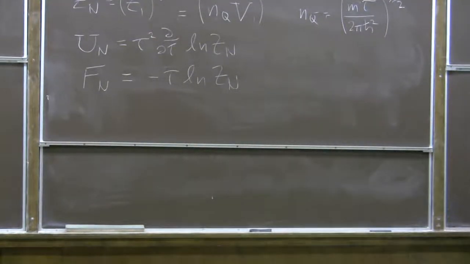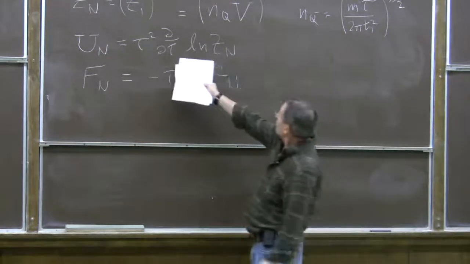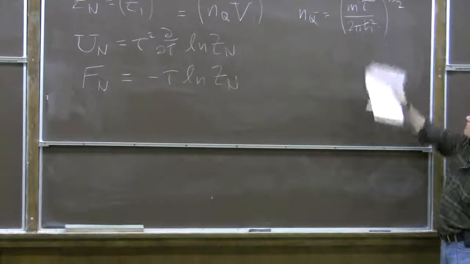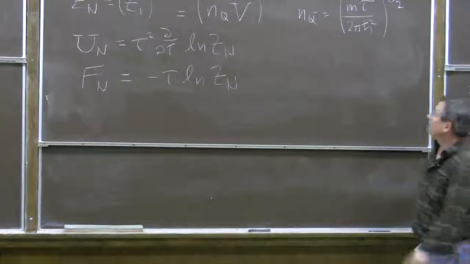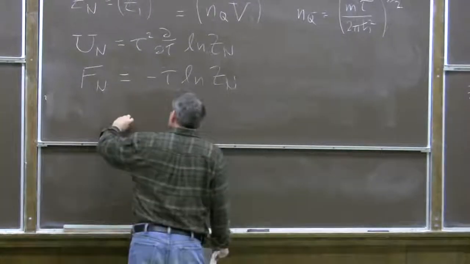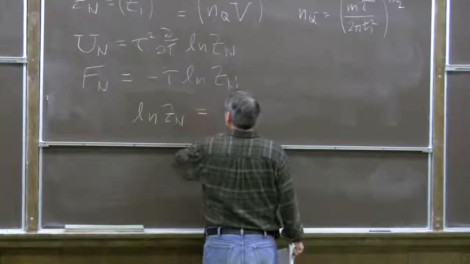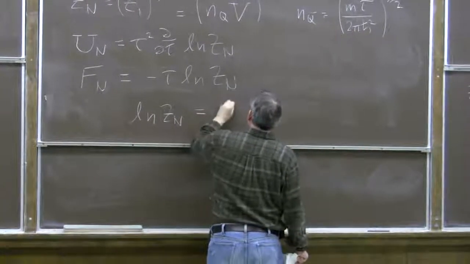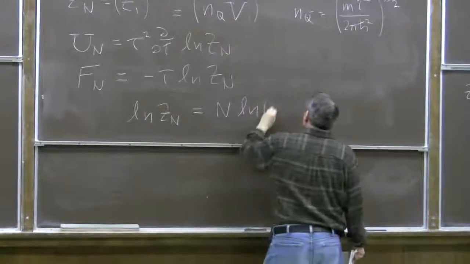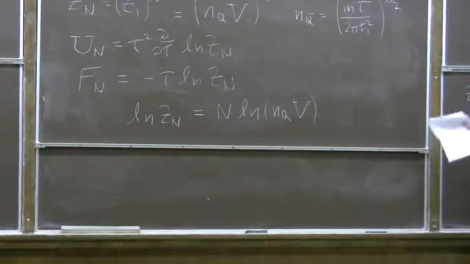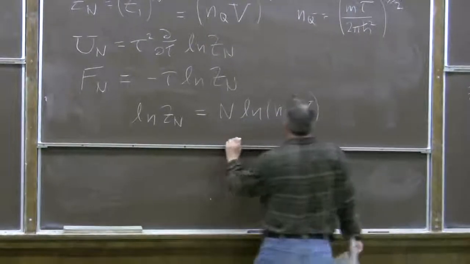Well, let's talk about the total energy, the average of the total energy averaged over this ensemble. Well, we're going to differentiate with respect to temperature. Where's the temperature dependence? It's in the quantum concentration. It has temperature to the 3/2, right? So when I take the log of Zn, which is equal to n times the log of quantum concentration times volume, the quantum concentration has a tau to the 3/2.